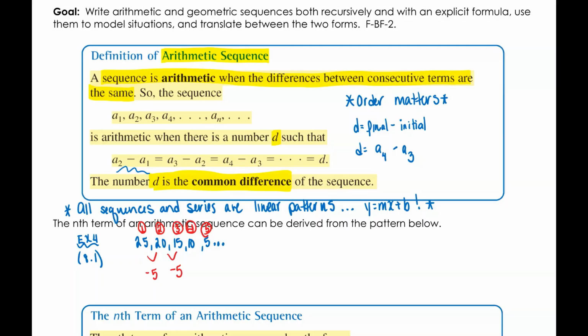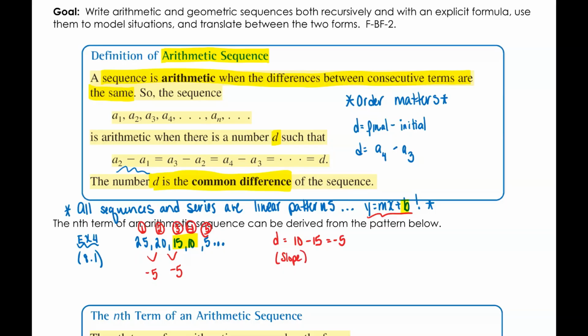If I were actually doing the math here, I would take two terms, let's say 15 and 10. We would do the final, 10, minus 15, and that gives us -5. In my formula, y equals mx plus b, the common difference is the slope. And what is the y-intercept?